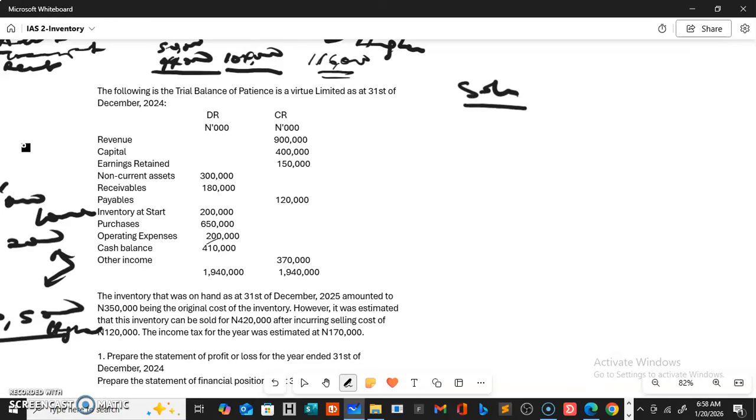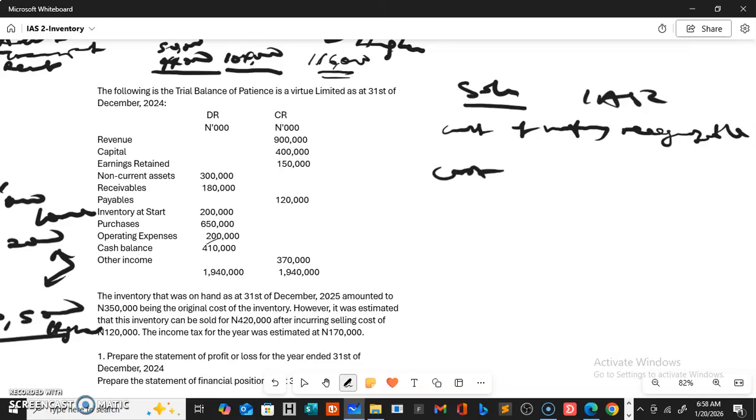Let's calculate the cost of inventory recognizable according to IAS 2. The cost amounted to 350,000 naira, the initial cost.